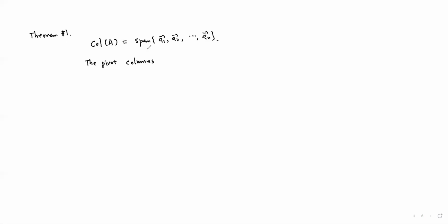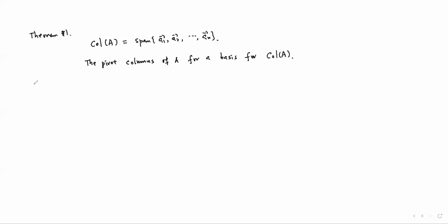The pivot columns of matrix A form a basis for the column space. So draw 3 columns from this spanning set. Keep the pivot columns, then we have a smallest spanning set, a basis. Theorem number 1.